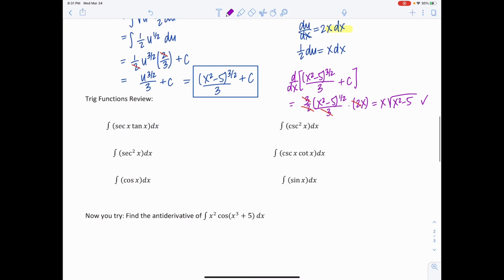All right, let's do a little trig functions review. Take a moment and see if you can find the indefinite integral of all these trig functions.